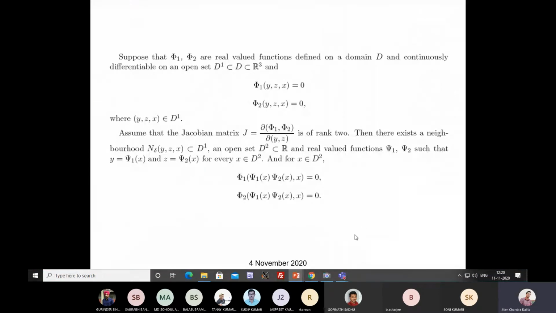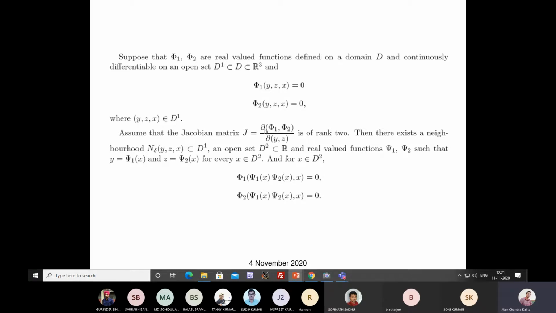See, the ordering of x, y, z is different. This is just to emphasize on x. Basically, these are nothing but u1 equal to c1 and u2 equal to c2.